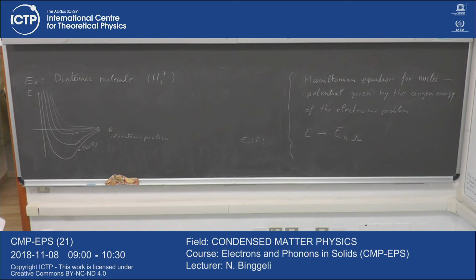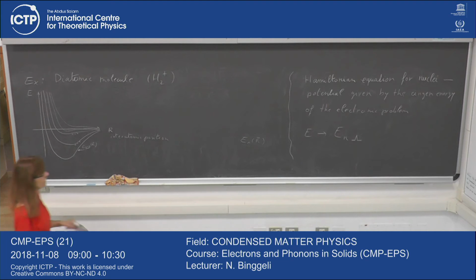What we have solved when solving the Schrodinger equation for the electronic problem. However, now, once I have this for a given n, in particular for the ground state, this curve becomes the potential of an equation I have to solve to get the wave function of the nuclei, which gives me this E, which will become the energy of the full system.